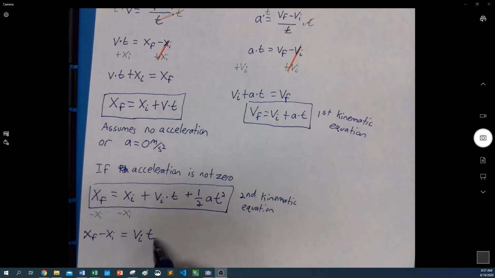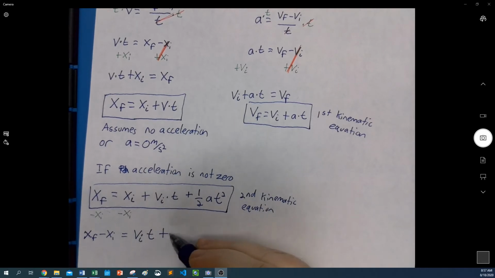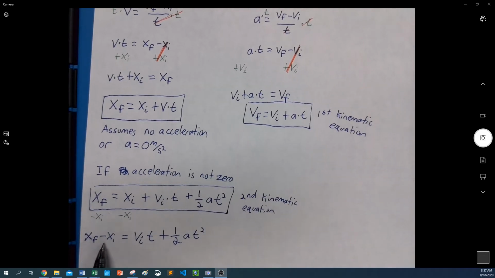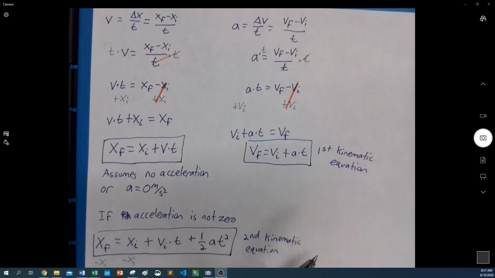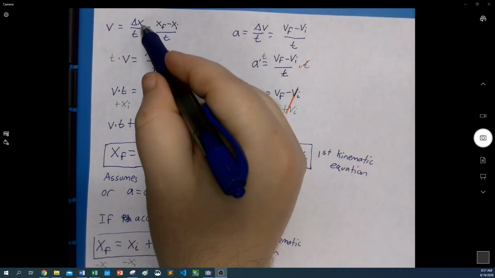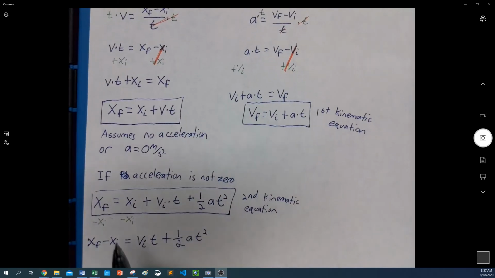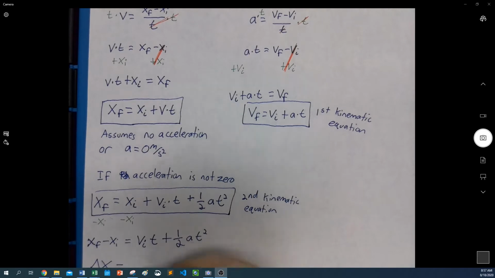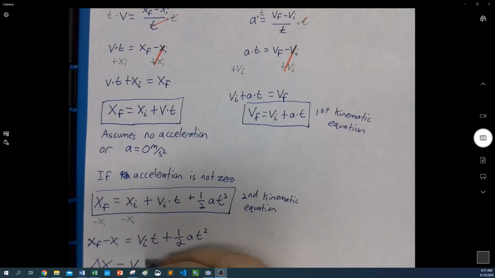Note that if I put two variables next to each other, it means they're multiplied. Plus 1/2 at squared. So xf minus xi is the same thing as delta x. So I can replace this term with delta x, or the change in x, is equal to vit plus 1/2 at squared.